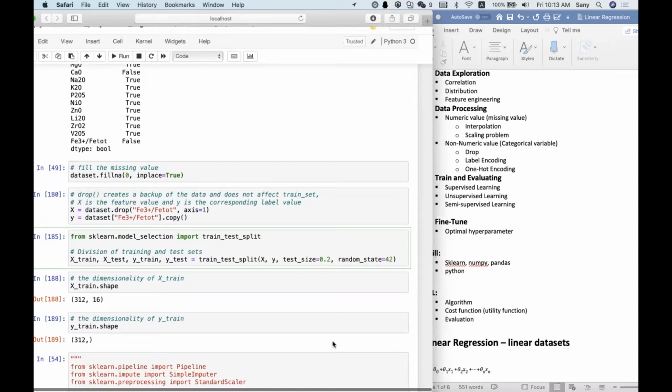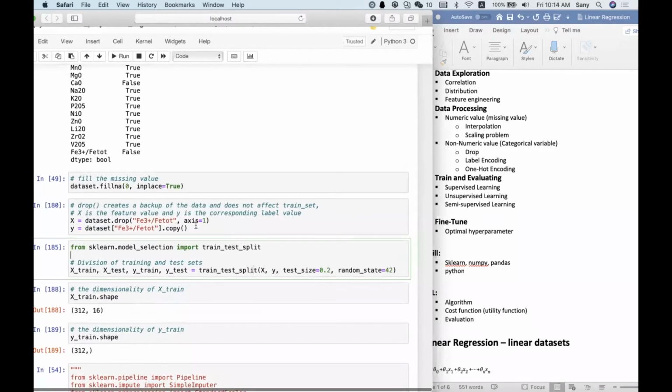You can also search for new data and supplement it into this datasheet, and that is okay, because you can just rerun this project after the new data are supplemented. For the division, you can use train test split.